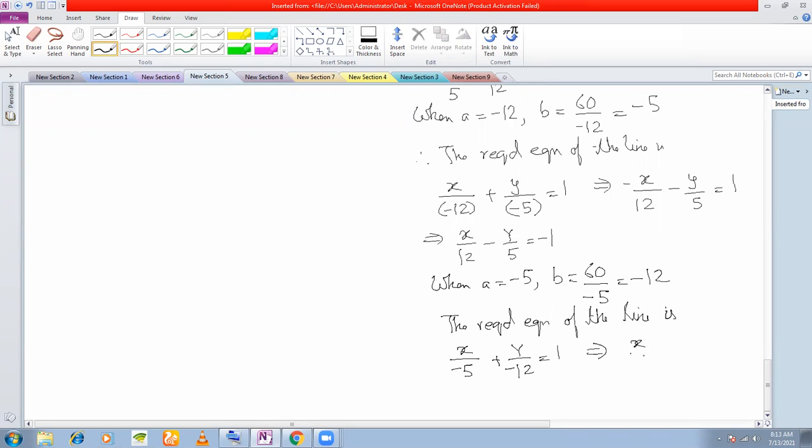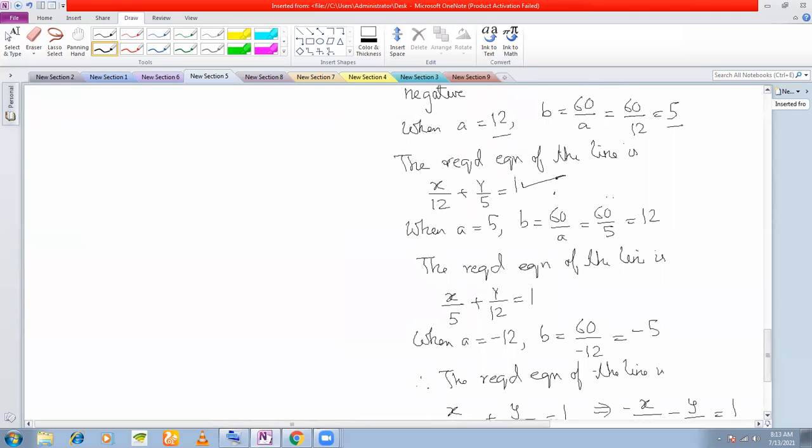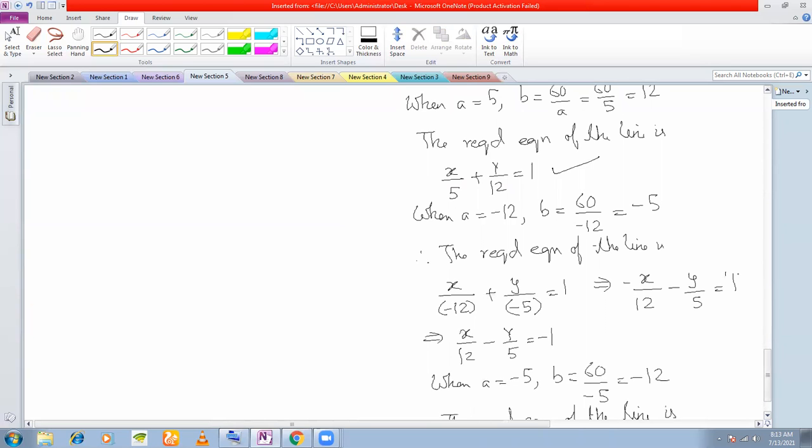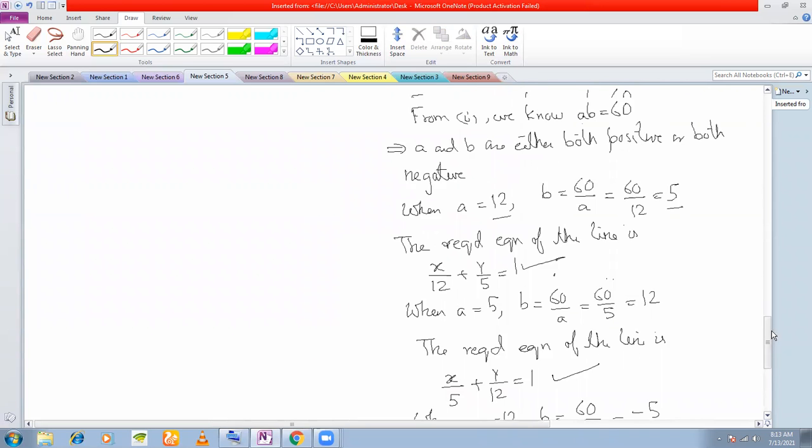That means you can write this as x by 5 plus y by 12 is equal to minus 1. So you're getting 4 equations here. Either this equation or this equation, or this equation or this equation. So the equation of the line can be any of the four. Clear with this problem or any question?